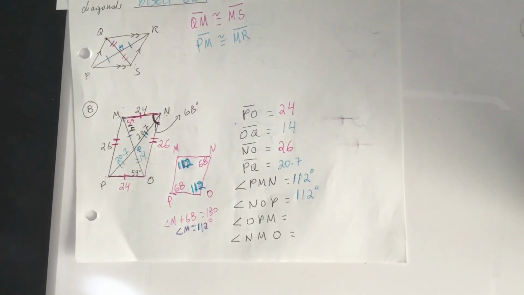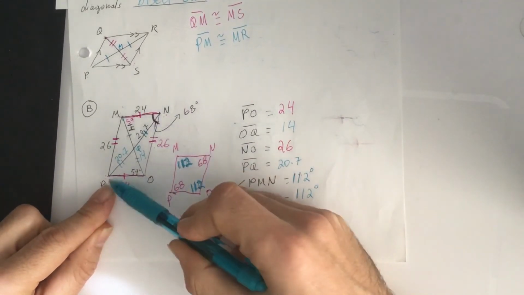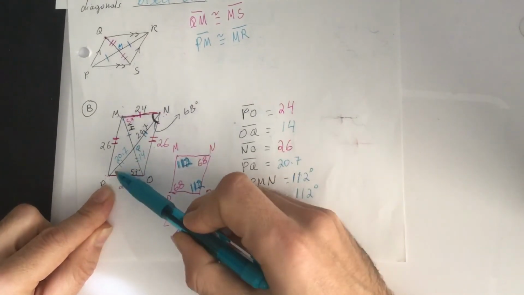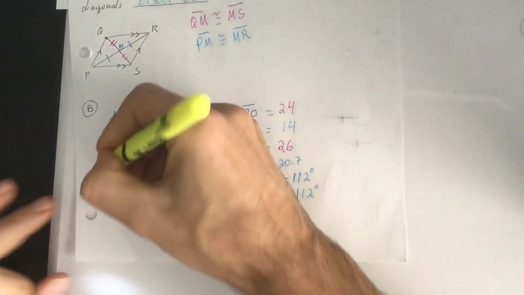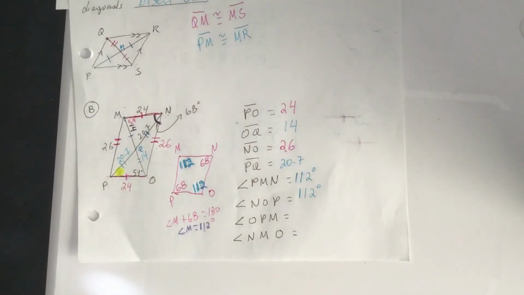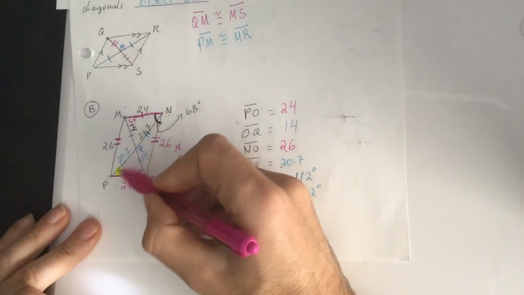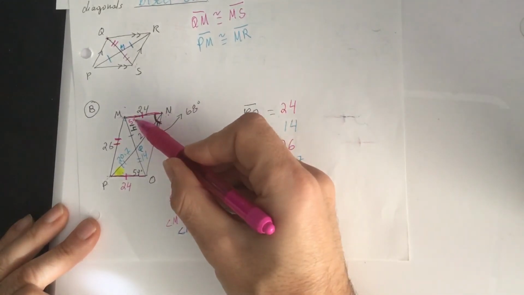Now it's going to get a little bit more complicated. Now it's going to get OPN. OPN is this angle over here. We're looking at this angle here. Not the whole thing, this angle here. So we know this is 59, okay?